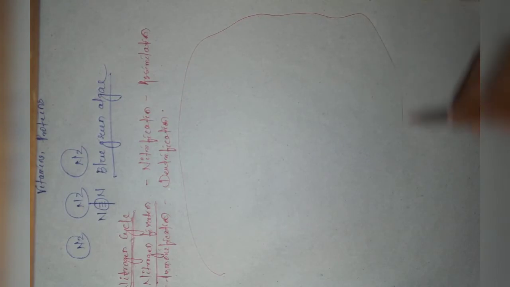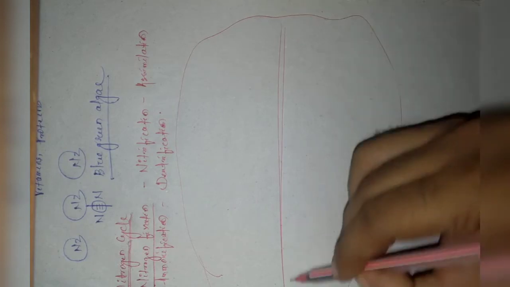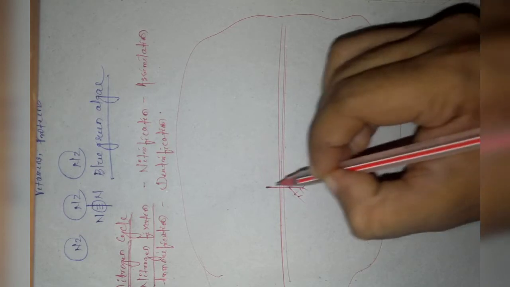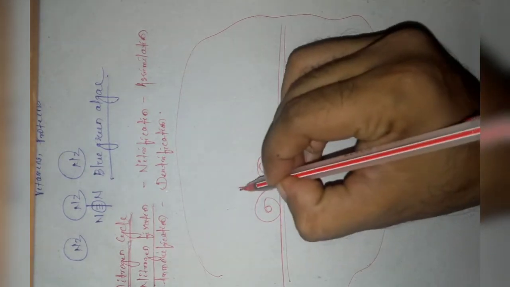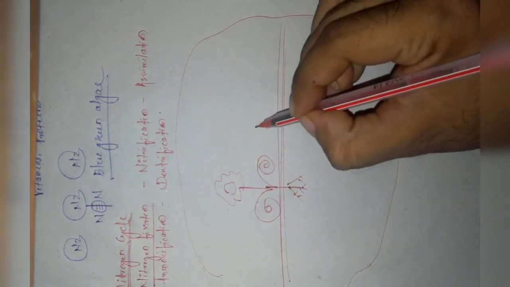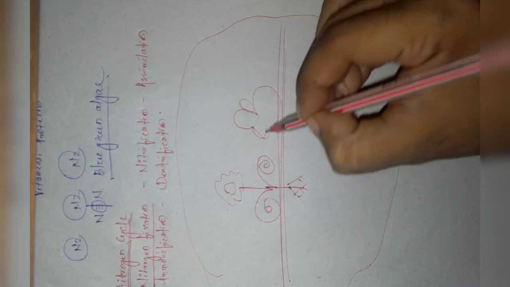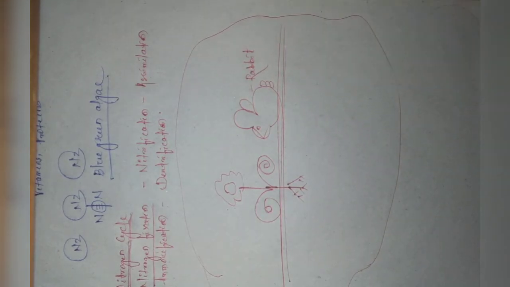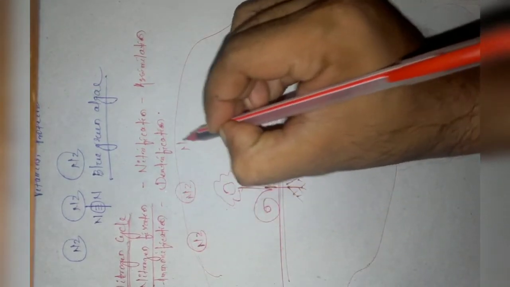Suppose this is our atmosphere, this is the layer of soil, and this is your plant, and suppose this is your animal like a rabbit, and this is your atmospheric nitrogen.